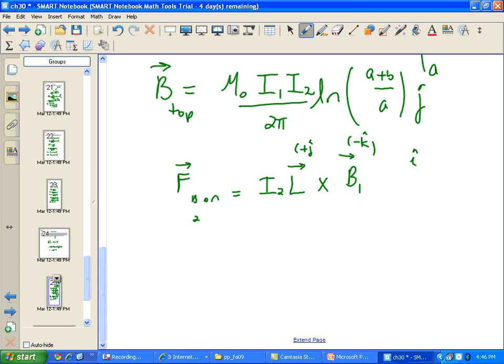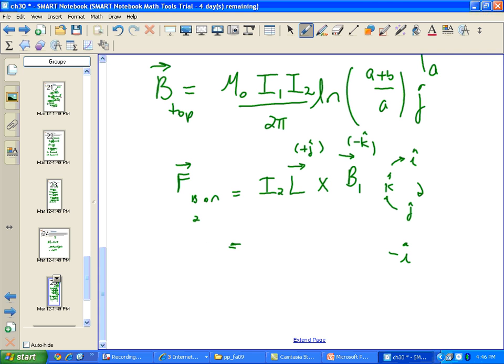And if you remember our little wheel, i hat, j hat, k hat, if we take j hat cross k hat, it's positive i hat, but because we're crossing it with negative k hat, the direction here is going to be in the minus i hat direction. And so let's go ahead and just put our direction there.